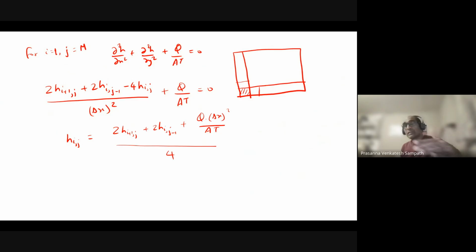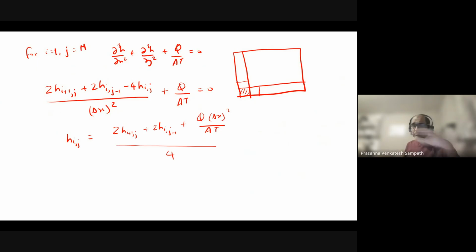For any cell which is on the last row of my domain, I again explained that. There's a special cell which is at the corner of the first column and the last row, which is the cell where my pumping well is also located. So for that particular cell alone, I have to handle it special. I have to have some special arrangement for that particular situation, and this is how I handle that.